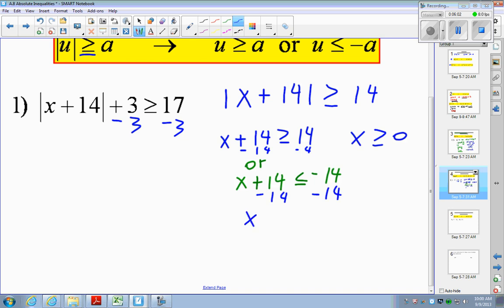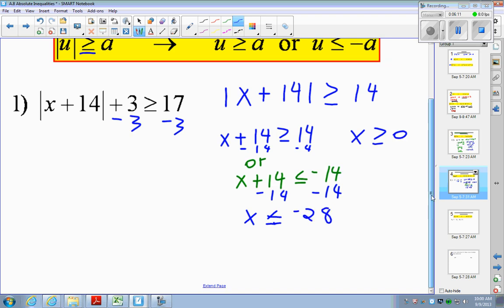We'll have x is less than or equal to negative 28. Cool. So now our final solution is just going to be x is greater than or equal to 0, or x is less than or equal to negative 28.